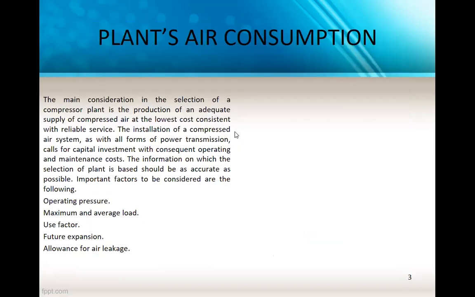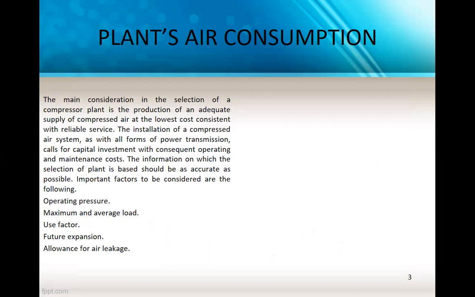So, plant air consumption. What is the size of your compressed air plant? Of course, it depends on the requirements of your building. Okay? The main consideration in the selection of a compressor plant is the production of an adequate supply of compressed air at the lowest cost consistent with reliable service.